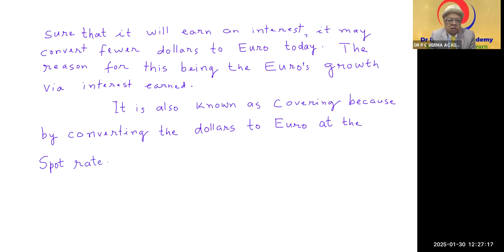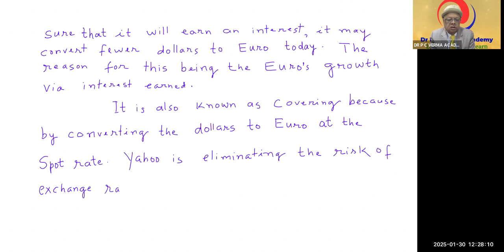Yahoo is eliminating the risk of exchange rate fluctuation.